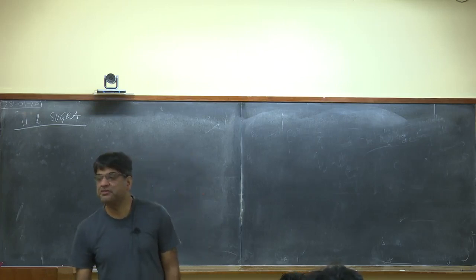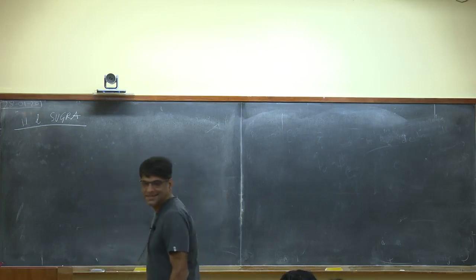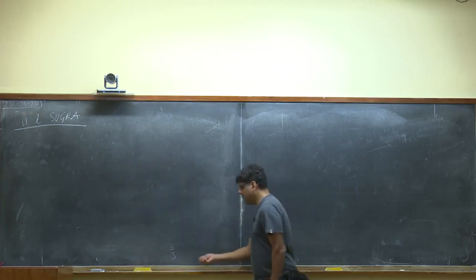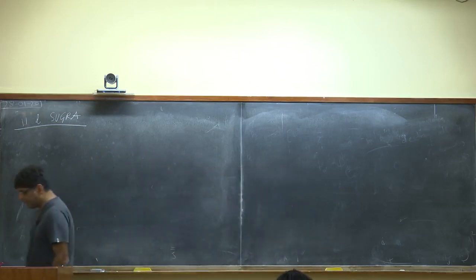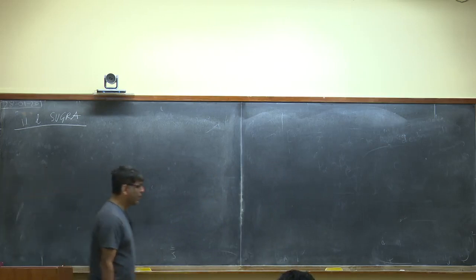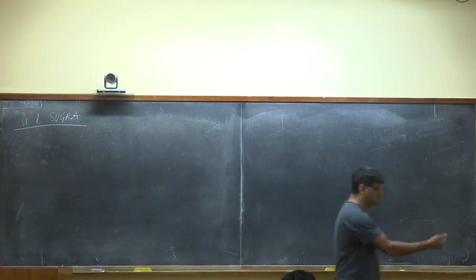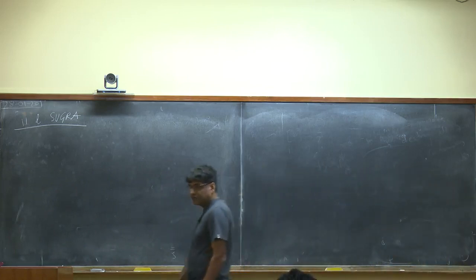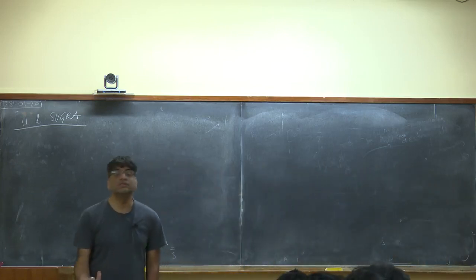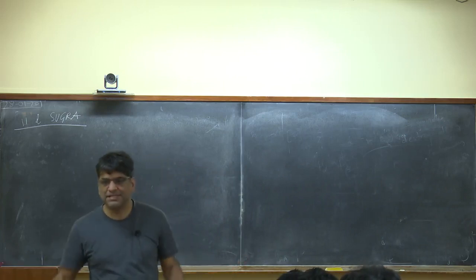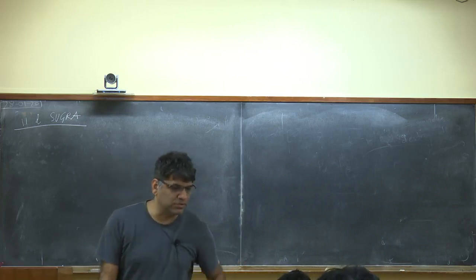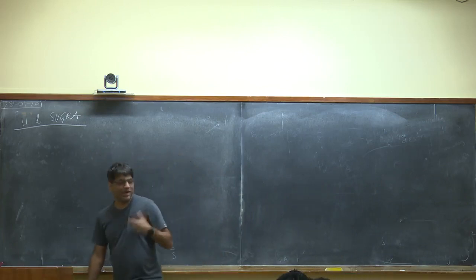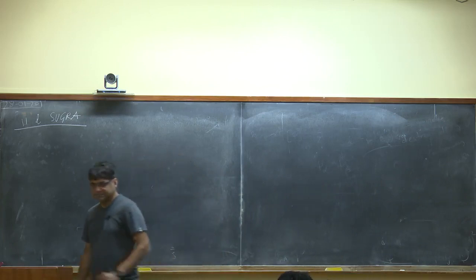I'm going to quickly review that argument for you. The argument is basically one of the number of supercharges. More precisely, you cannot have a theory of supergravity in flat space with more than 32 supercharges. And the argument is a very simple one.